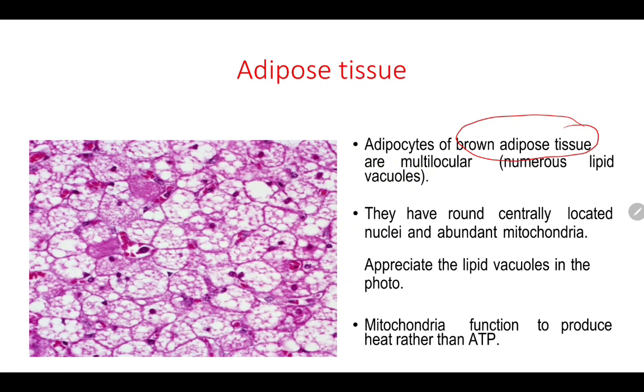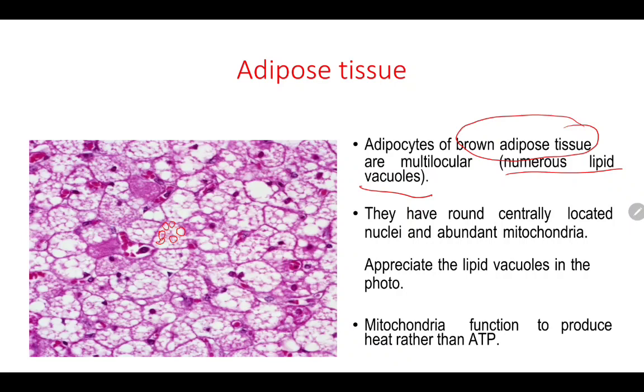Kanina, signet ring appearance, itong sa ating brown adipose tissue naman has multiple numerous lipid vacuoles. Wala siyang one big lipid droplet, but rather numerous na mga small lipid vacuoles.